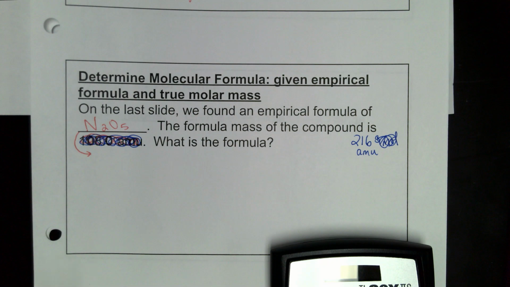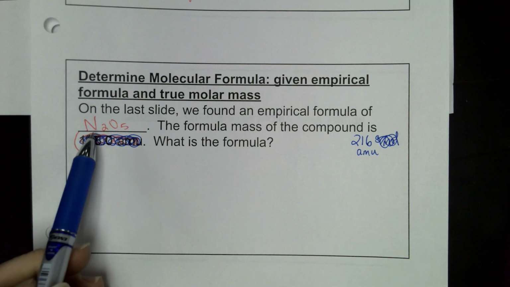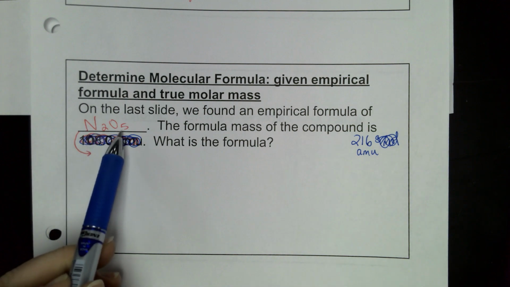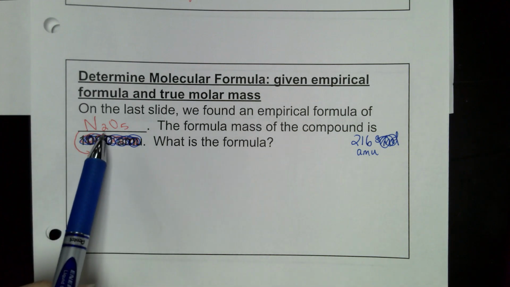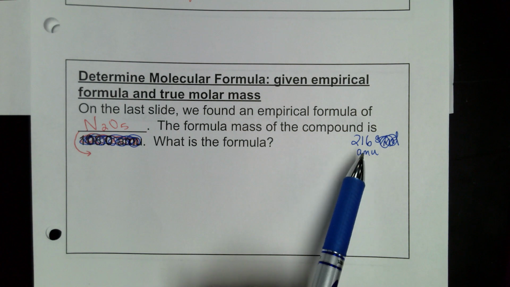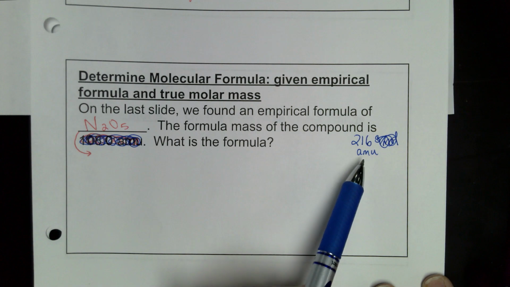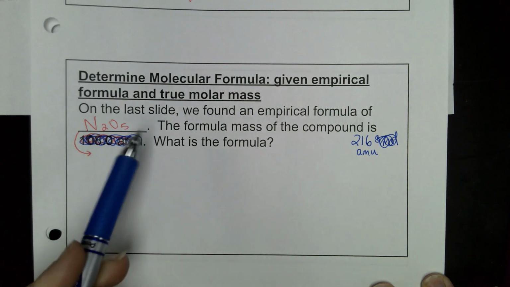This is the very last slide of that packet. I'm skipping to this because there's at least 1 or 2 on the Khan Academies that you're going to do where you want to be able to do this. On the previous slide, we will tomorrow go back and figure out why it's N2O5, but that's the empirical formula. So if something's empirical formula is N2O5, but we are given that its actual formula mass is 216 AMU, we're going to figure out how many times bigger the real molecule is than the empirical formula.